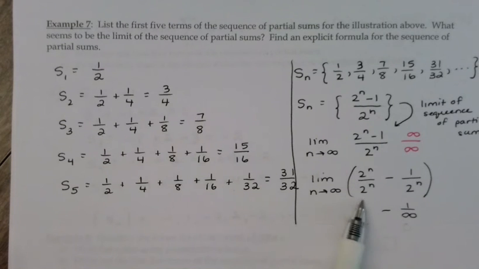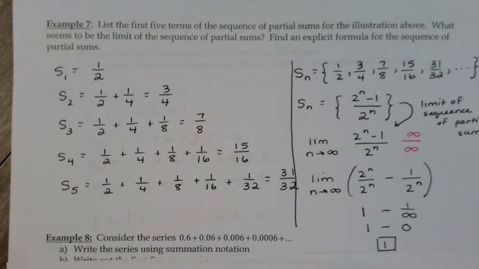Of course, 2 to the n over 2 to the n is 1. And this becomes 1 over infinity, which would be 0. So I have 1 minus 0, and I do get the limit of 1. We expected that based on the visual, but now we can see it analytically as well.